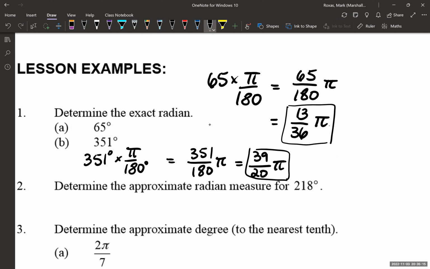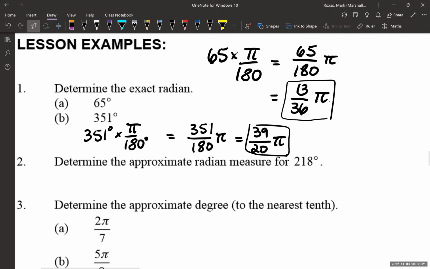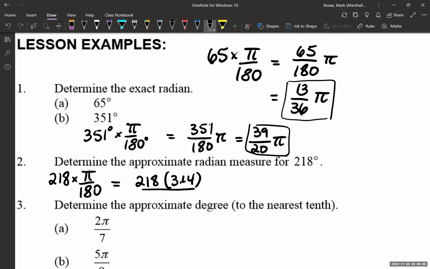Now if we're asked to determine an approximate radian measure for 218 degrees, the idea is you take 218 and multiply it by pi over 180. If we're approximating, this is where you take pi as 3.14 divided by 180. We let pi be approximately equal to 3.14.